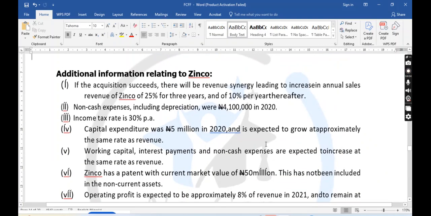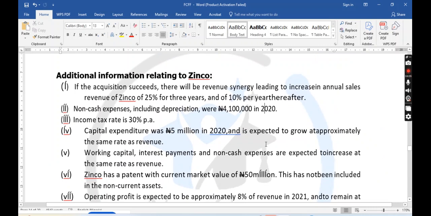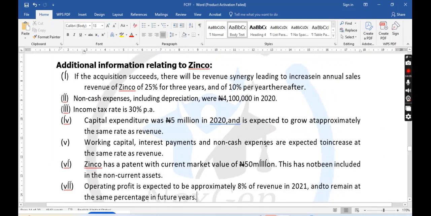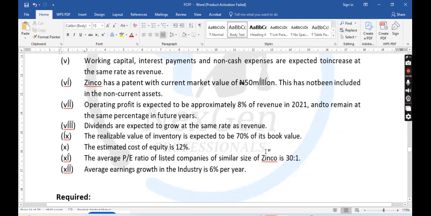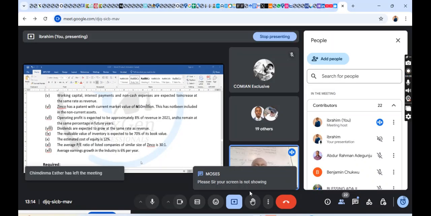Let's check. 10% thereafter. Class, can you see it? You can screenshot. Immediately after this class, I will send the material, please. Right? 25% for 3 years, 10% per year thereafter. And we're told that the dividends are expected to grow at the same rate as the revenue.